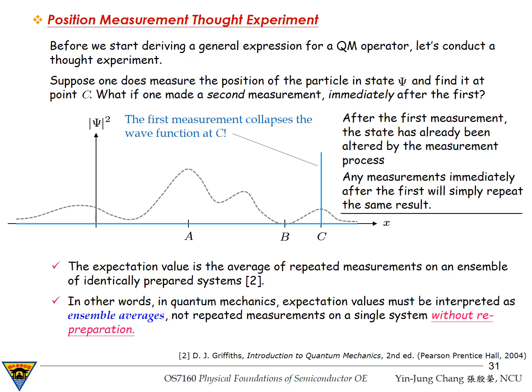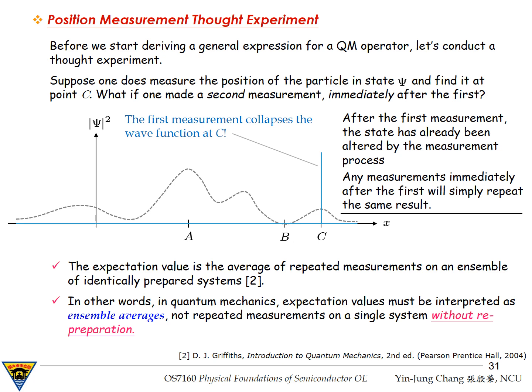This is the proper quantum mechanical meaning of an expectation value. The probability density, the modulus squared of psi, tells us the statistical distribution of outcomes across many identically prepared systems, not the result of repeated position measurements on one undisturbed particle.